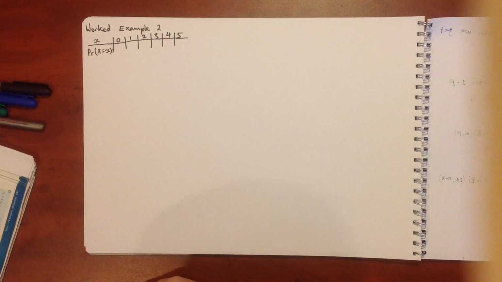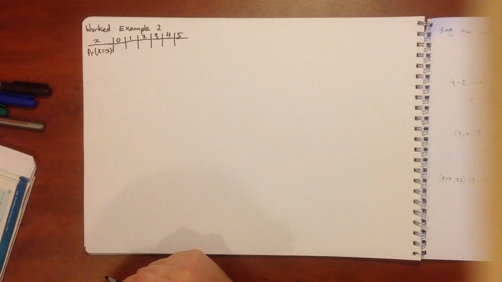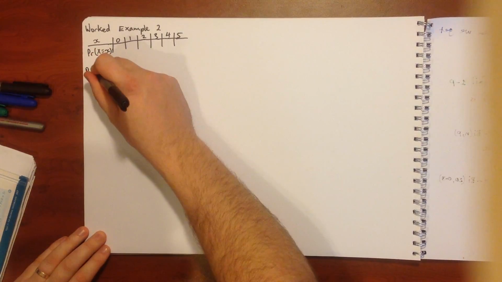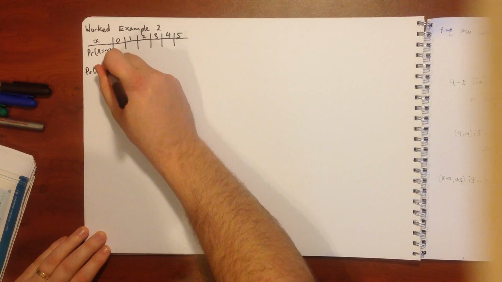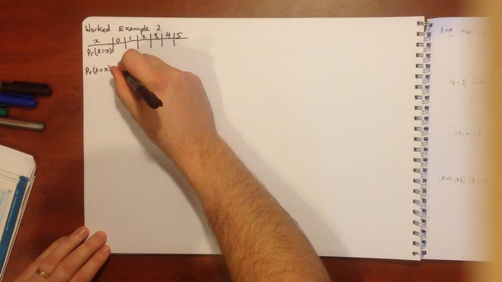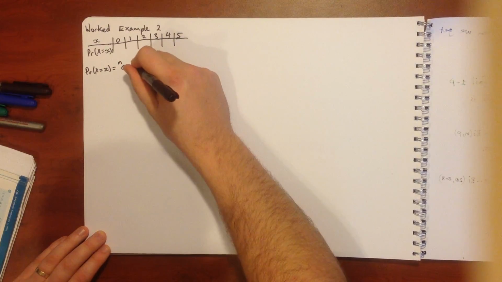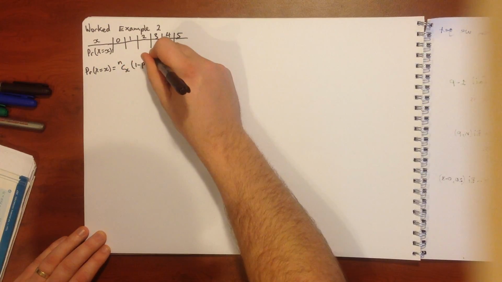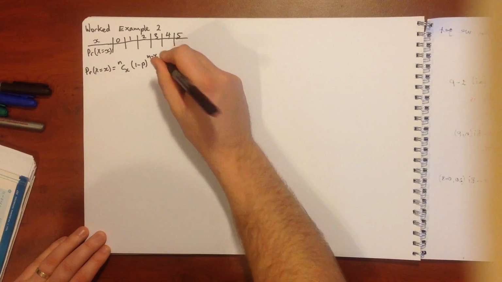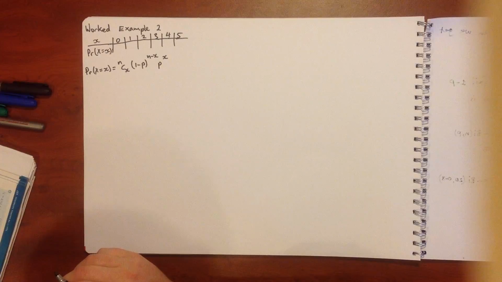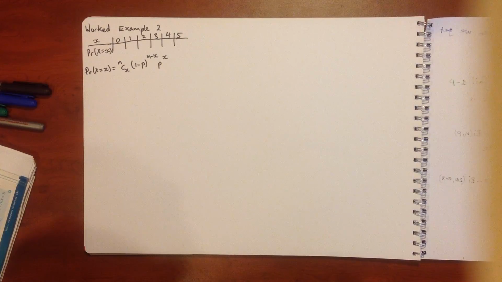What we need to do is go through and use our formula: the probability that X equals x is n choose x, times (1 minus p) to the n minus x, times p to the x. Here X is the number of people who regularly participate in sport.